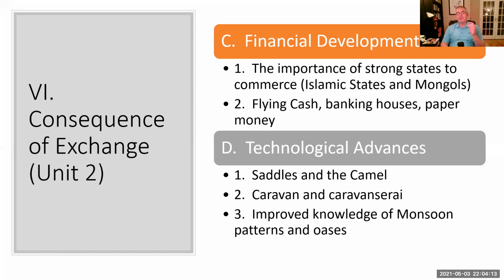But also the concept of the caravan, the idea that it's not going to be one merchant with one camel, but rather a caravan of 100, 1,500, hundreds, if not a couple thousand of these camels and merchants. And now people are pulling their resources together in order to reap greater profits.